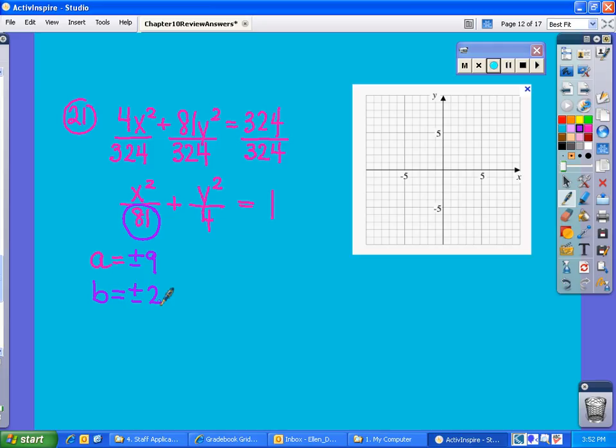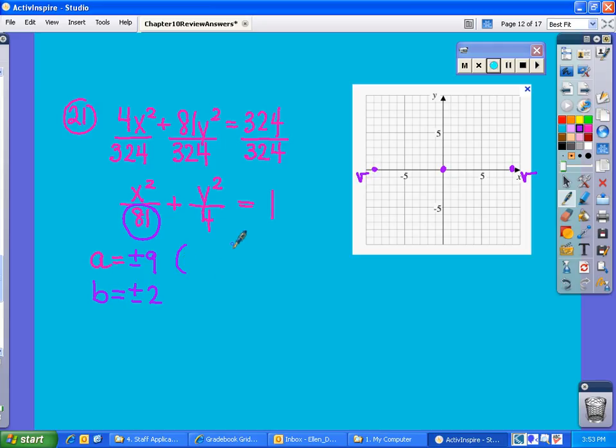Now, before we get too far ahead of ourselves, let's go ahead and place our center at 0, 0. And remember, we're going to go a units, or 9 units, in both x directions, so both right and left. We'll label these with small v's because these are our vertices.